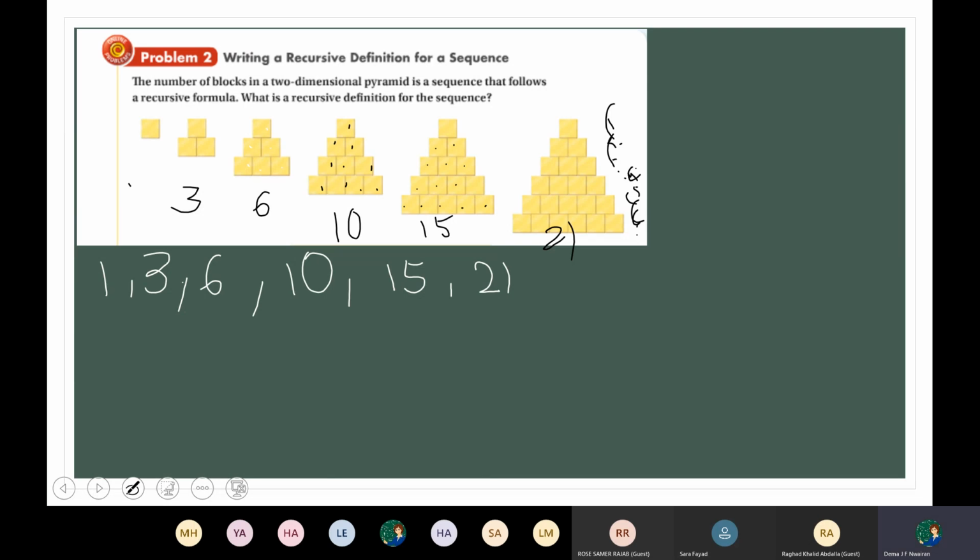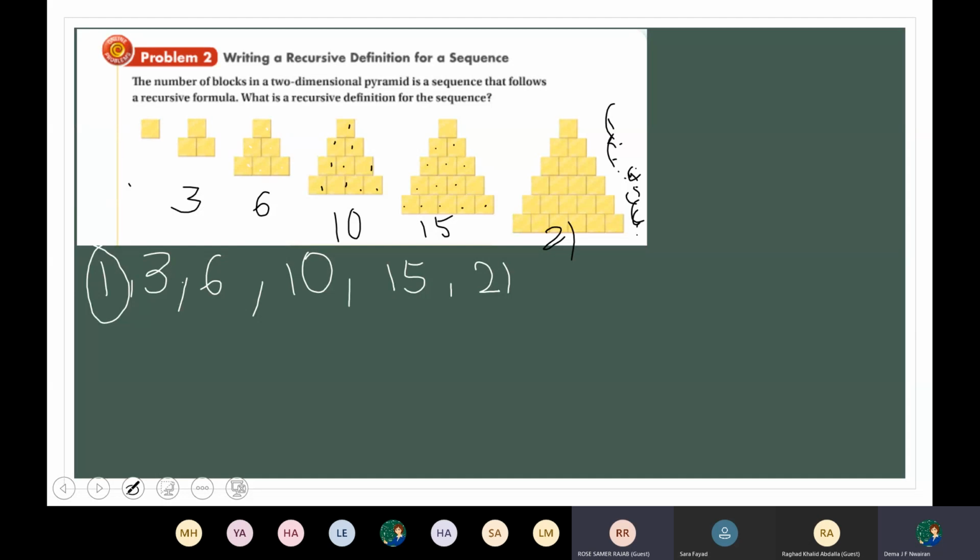For the recursive definition, I have to find the initial condition, which is 1. It is written. And then now I have all the terms. I need now to find the formula. Teacher, if I don't have 1, it will be wrong. Yeah, I cannot find the formula without it.